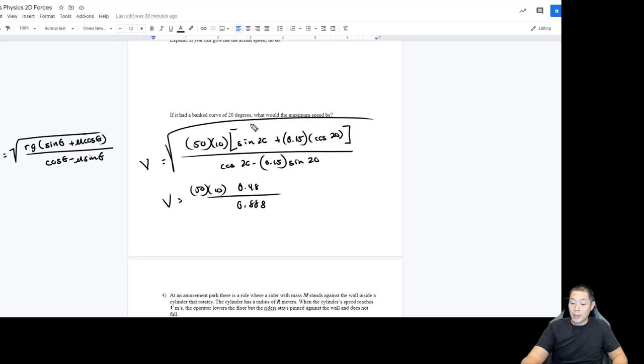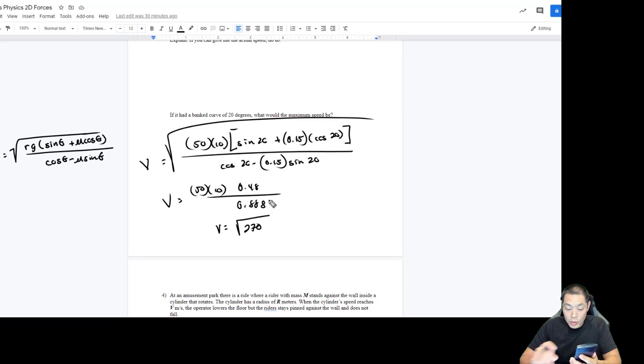I simplified this one, so now I'm going to multiply this and divide by that. So 50 times 10 times 0.48 divided by 0.123888, and you get a velocity squared of 270.